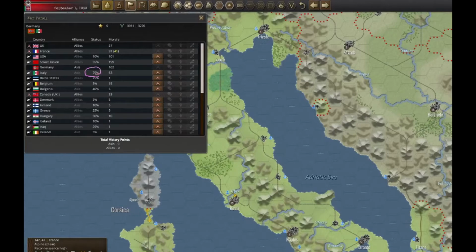Italy's status at this point in time is 75%. So if I take 10 oil points from Romania and take 75% of it, I'm going to end up getting 7.5. But if you notice in your build screen, you don't have any decimals, so it truncates the value, and you see 7 oil points that are delivered to Italy for its use per turn.